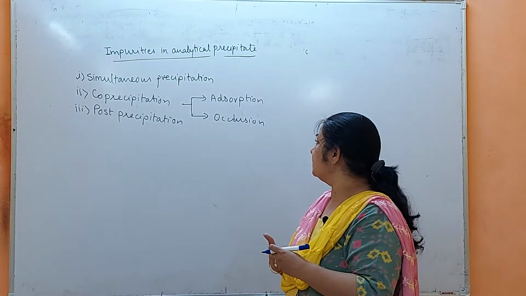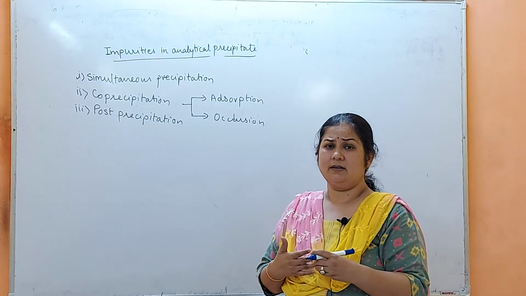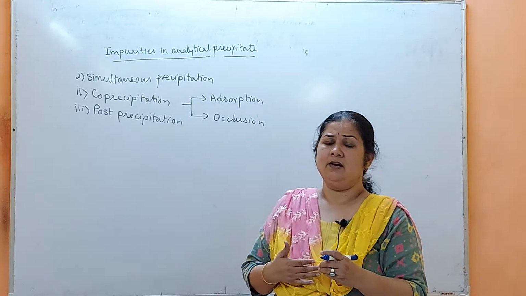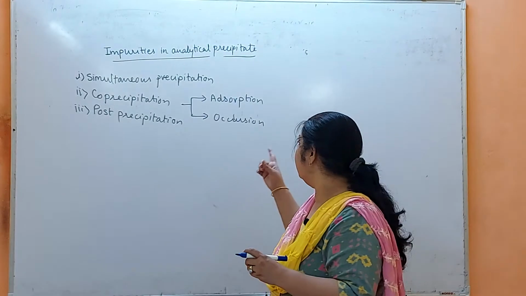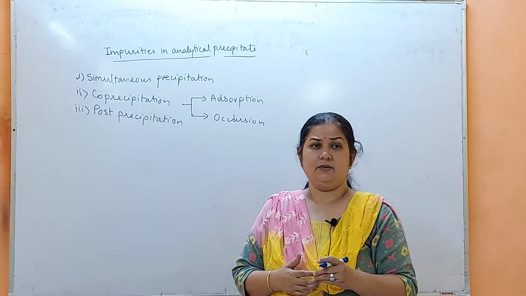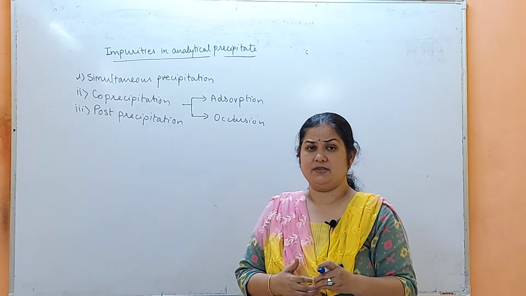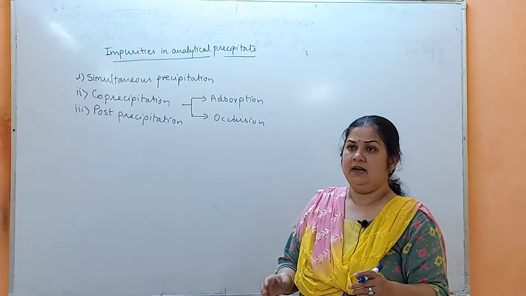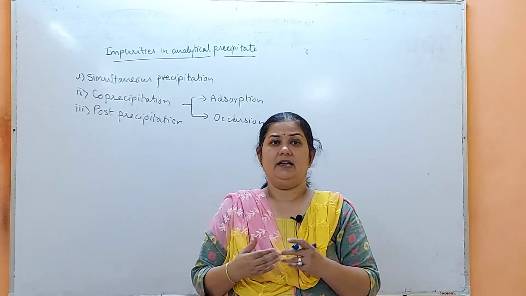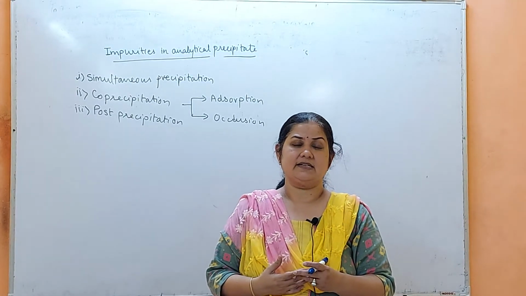Now to avoid this, one can stir the solution during digestion, or constant stirring during precipitation will remove the impurity by adsorption. But in case of occlusion, the impurity gets introduced in the crystal lattice.